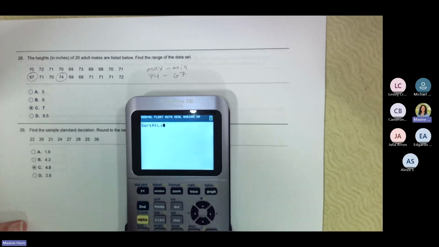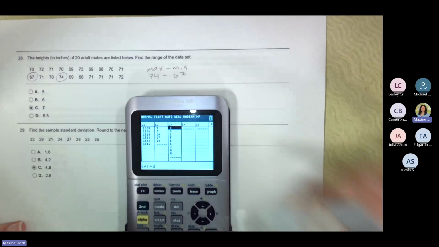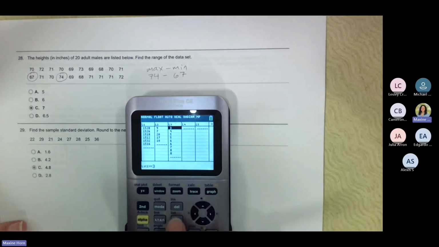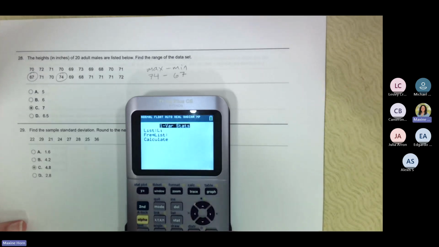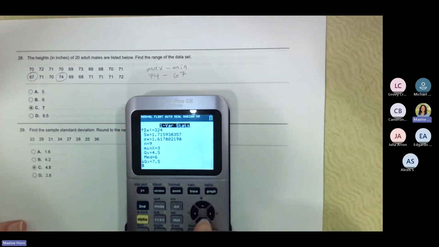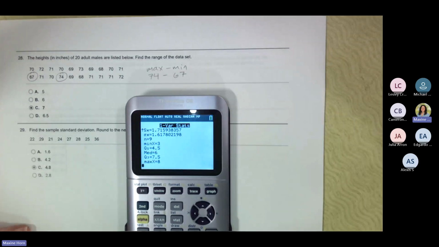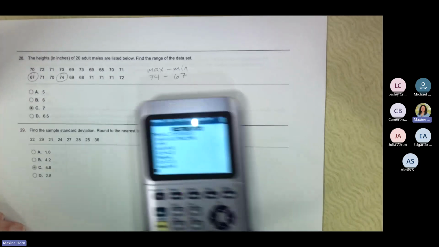I'm going to do list 3, and it says done, and I can go look at it, and then I can easily see what's my min, what's my max, or I can have it calculate, and it's going to give me my min here, and then I arrow down and it will tell me my max. So those are the two places you can find it if you do it in the calculator, if it ends up being faster that way. Or you could just, like I said, do it by hand.